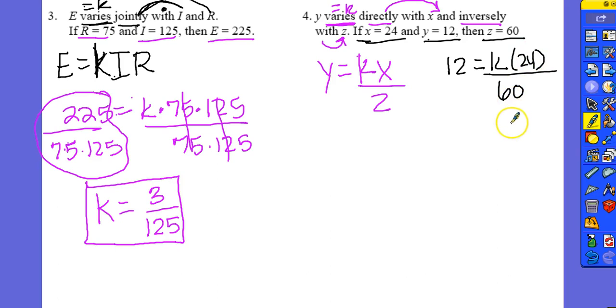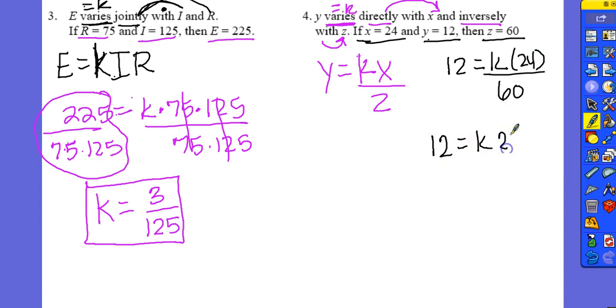What's my process? Times 60? That only cancels the 60. I want to cancel the 24 and the 60.